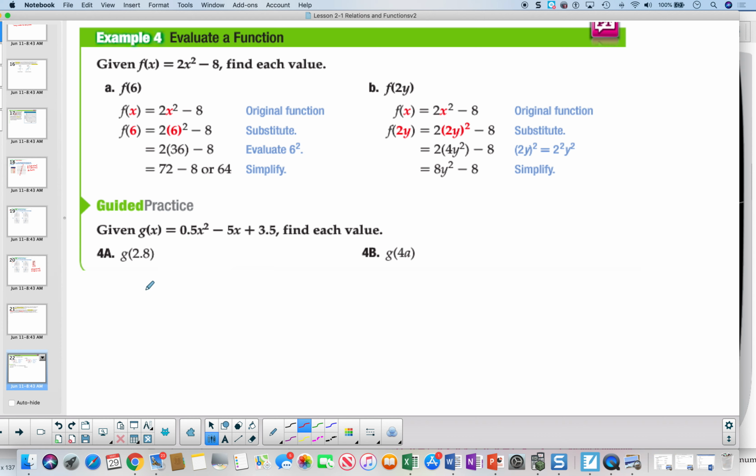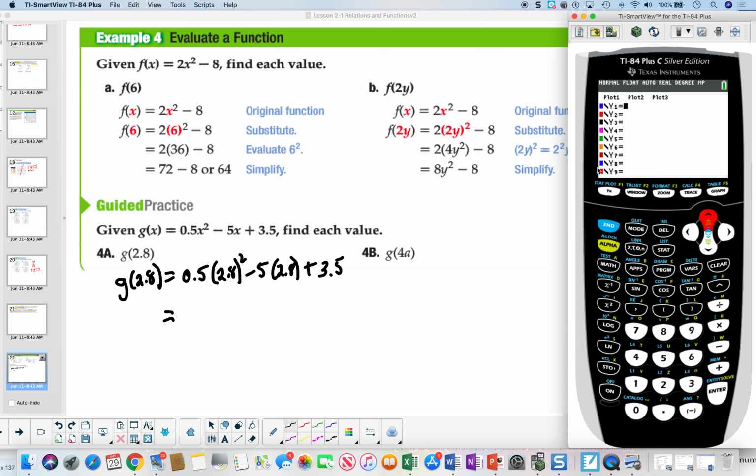So let's go ahead and do this problem. I am going to substitute 2.8 into this relationship, and then I'm going to multiply and get an answer. I'm going to show you how to use your calculator to help you.